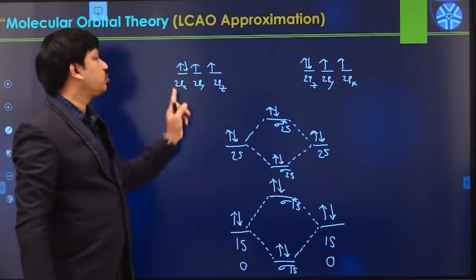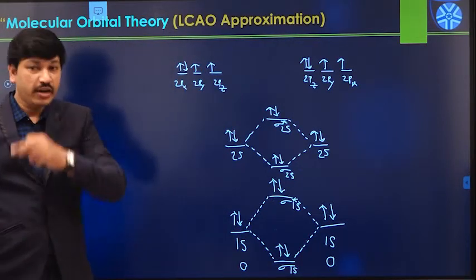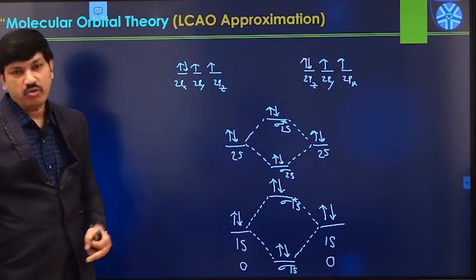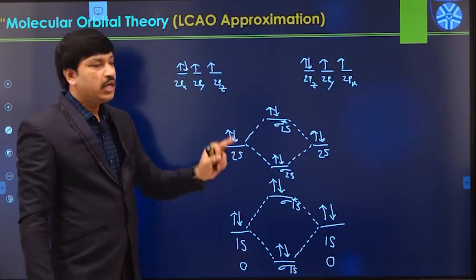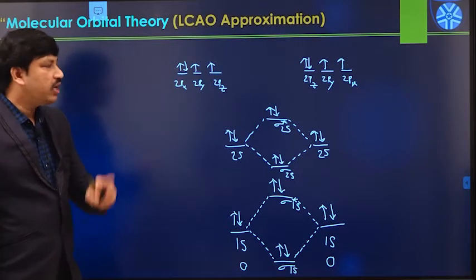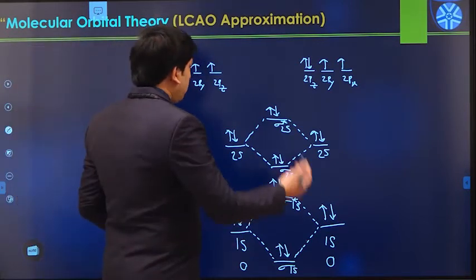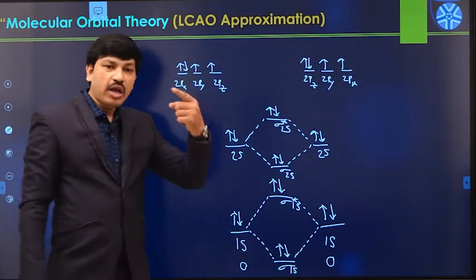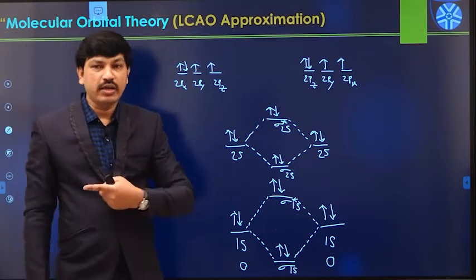So now these 2p orbitals undergo linear combination and produce corresponding bonding orbitals and anti-bonding orbitals. But we know that in case of 2p orbitals, we have 3 different 2p orbitals like px, py, pz. So among those 3, we have to fix one of the axes as the bonding axis.